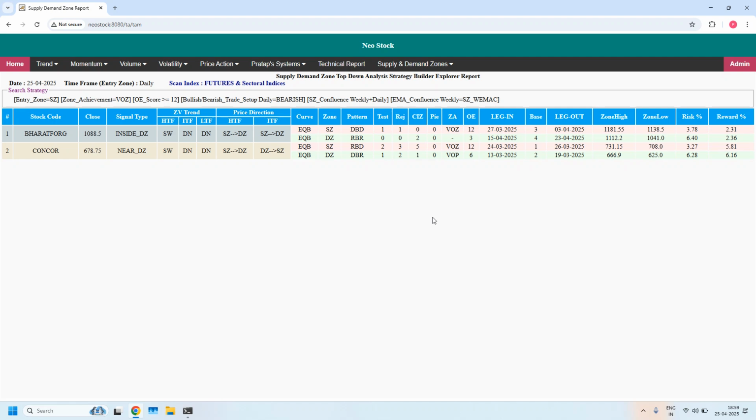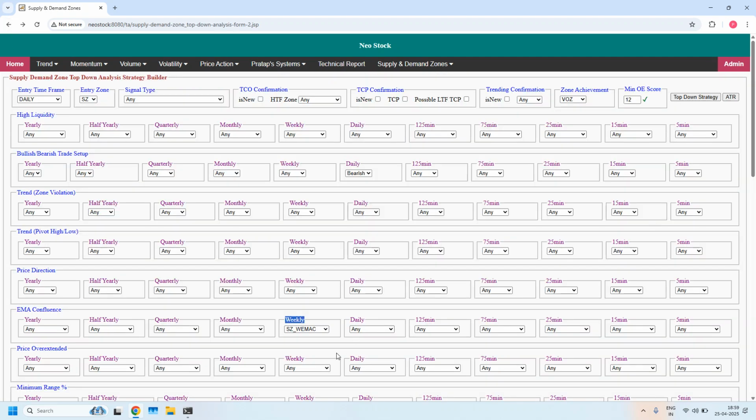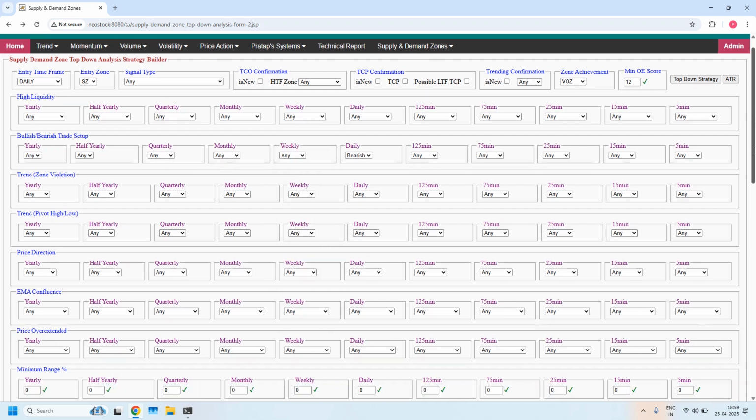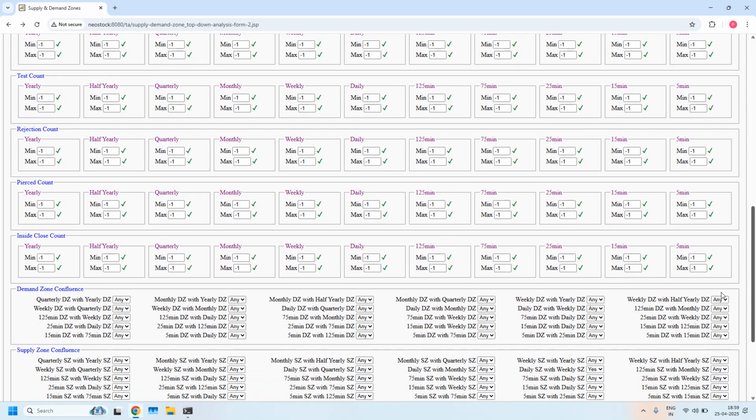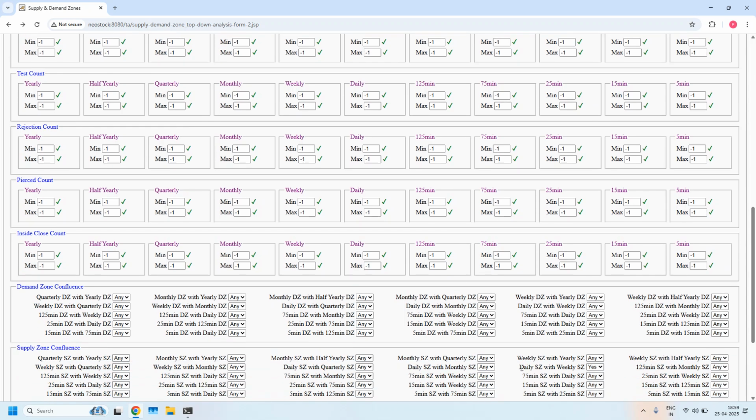Okay, next we will look into LTF, ITF and HTF supply zone confluence supported stocks. That is daily, weekly and monthly supply zone confluence. Removing this EMA filter. In the supply zone confluence, three filters we have to set. First filter, daily and weekly supply zone confluence, already enabled. Next, daily with monthly supply zone confluence, weekly with monthly supply zone confluence.